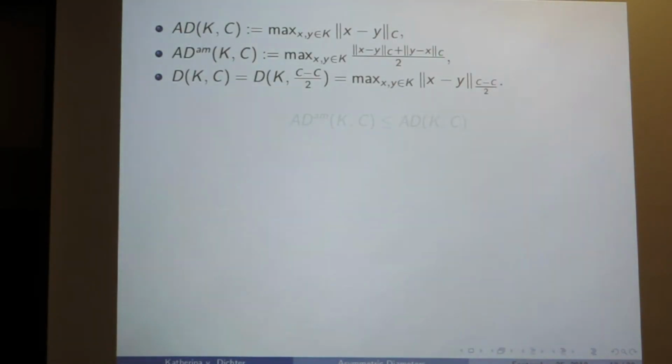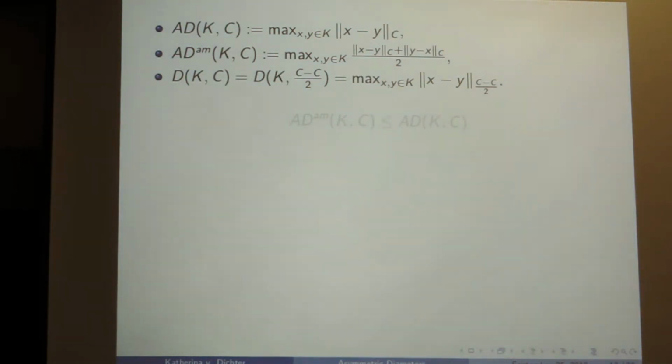Okay, so let's return to our diameters. We have the diameter that is defined as the maximal distance from one point to the other. We have the other one that is the maximum arithmetic mean of these distances, and we have the old one. The old one was 2 times the circumradius of 2 points.